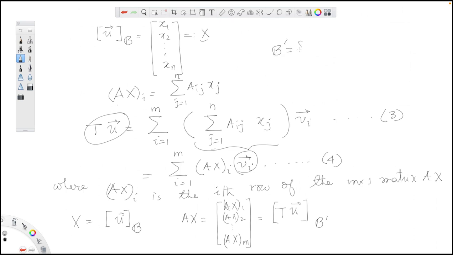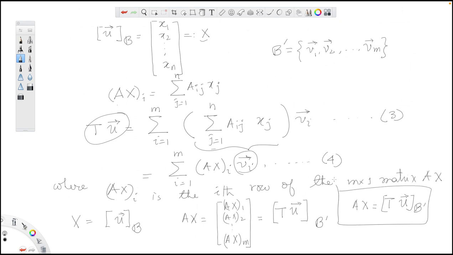Remember that B prime was this ordered basis v_1, v_2 all the way up to v_m. So this is clear. Ax is equal to the coordinate matrix of Tu relative to the ordered basis B prime.